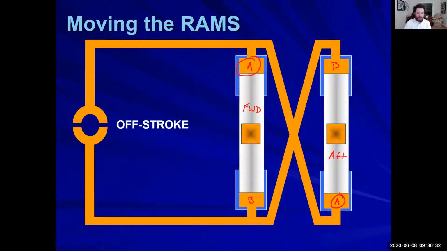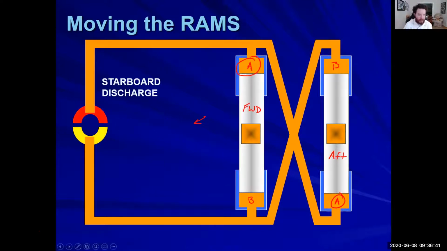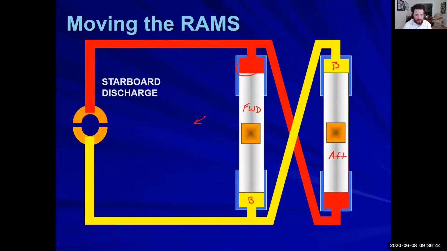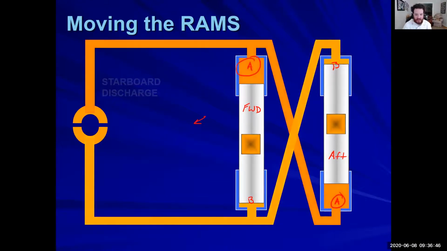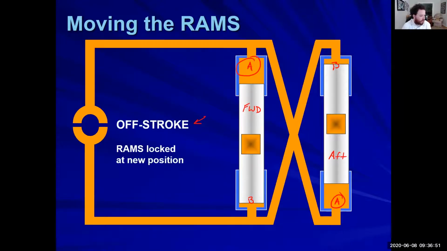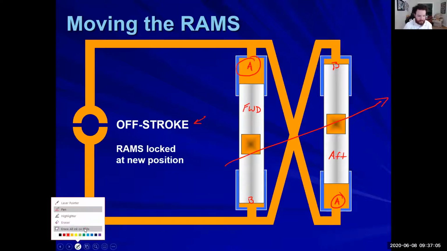So right now we're in an off stroke, or we're in a neutral stroke position. We have no movement on our rams. But once we go into a starboard discharge, both sides of A have done the same thing, and both sides of B have done the same thing. A has pushed while B has sucked out. And now our rudder would be pushing and moving in that direction.